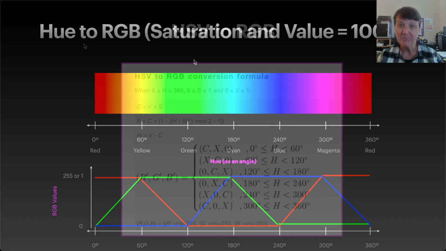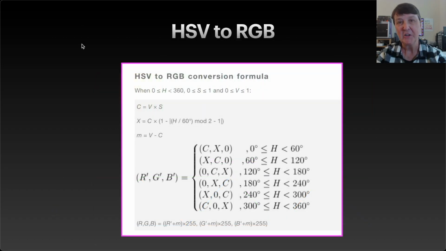So I thought I'd share one of these conversion formulas that I found in my initial attempts to understand converting HSV to RGB, way back when I first looked at this before Paul did his lesson on it. This was one of the formulas I found, and it's something you can follow, and if you know a little algebra, you can at least code this up, but it's just very confusing.